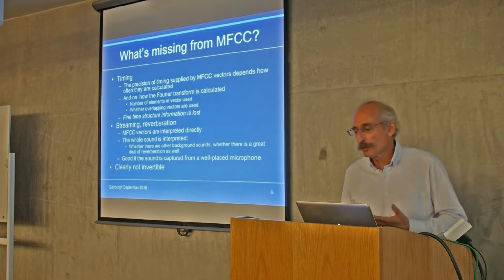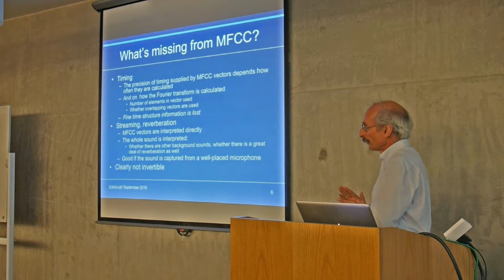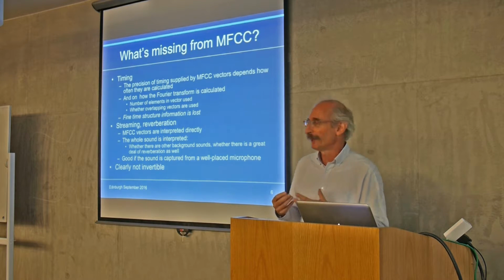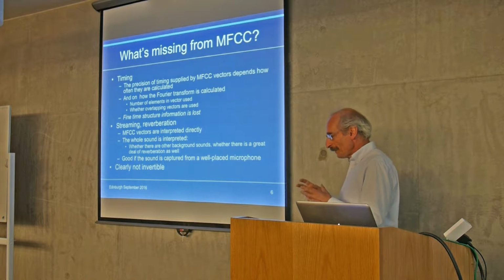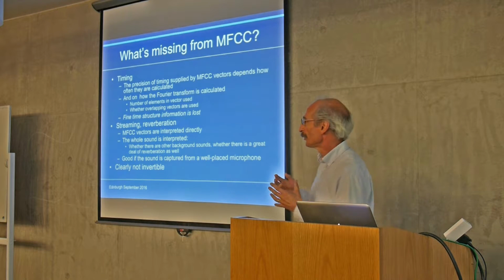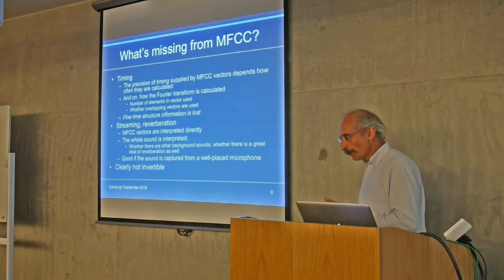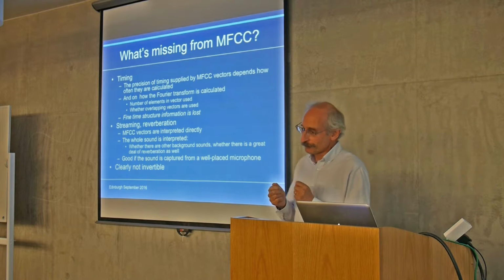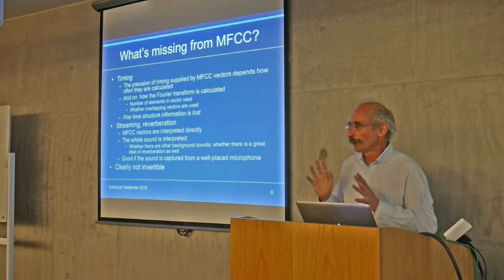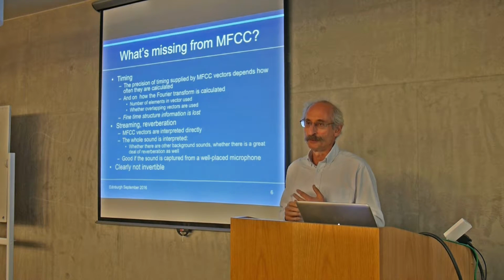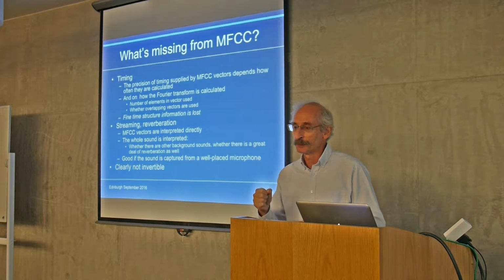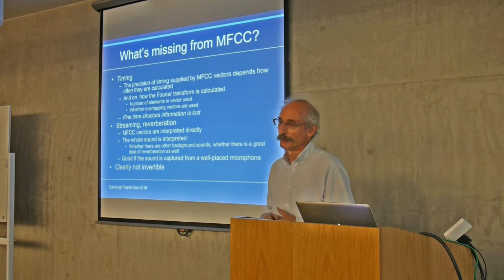The other thing that's wrong with MFCC, and this is more difficult in some ways to get around, is that you're interpreting the MFCC vectors directly. That means that you take the microphone and you generate your MFCCs, and then you take the whole sound and you interpret it. Where that's not a problem is where you've got a microphone in front of you with a nice 40, 50 decibel signal to noise ratio and little reverberation, or rather, the microphone is maybe 30 centimetres in front of your mouth and the reverberation is a long way down.